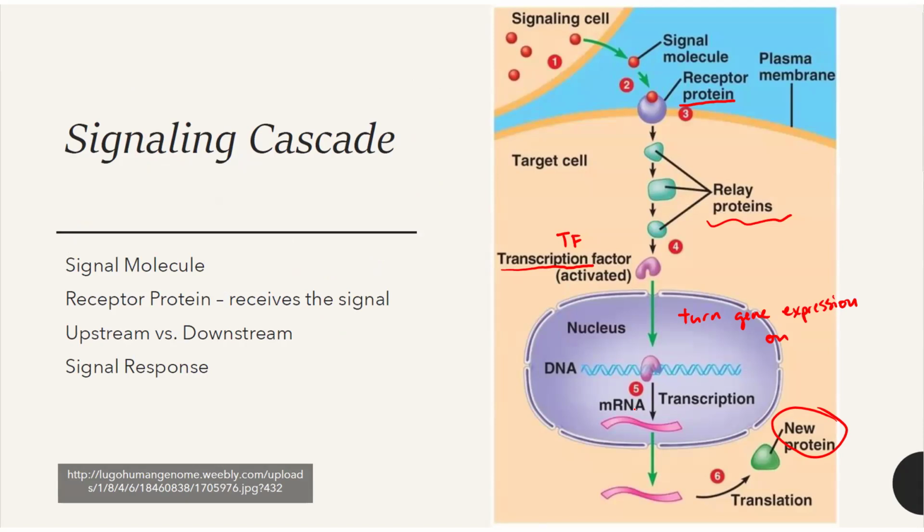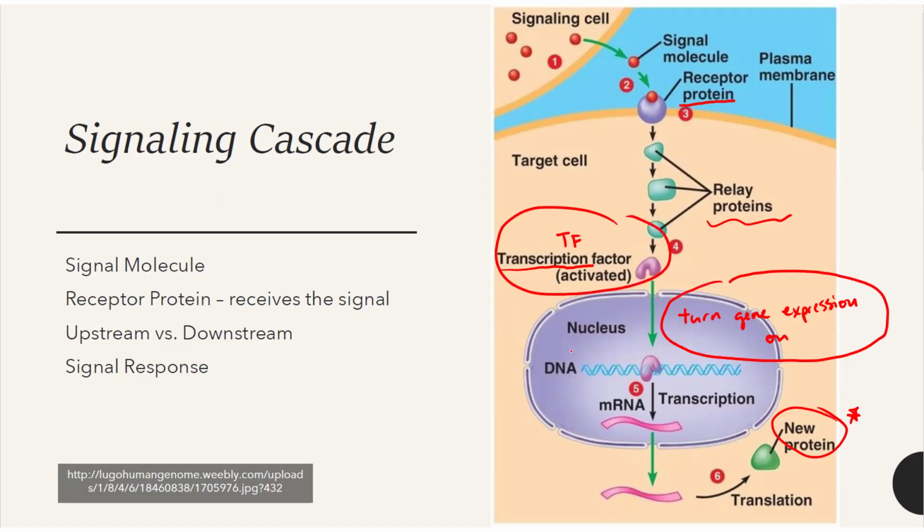What does the receptor do and what does the signal molecule do? Knowing that a receptor protein communicates that there's a signal molecule out here and turns on gene expression by turning on a transcription factor, or TF, that leads to a new protein, I think that's really a good thing to understand.